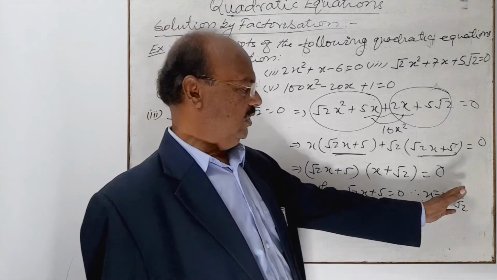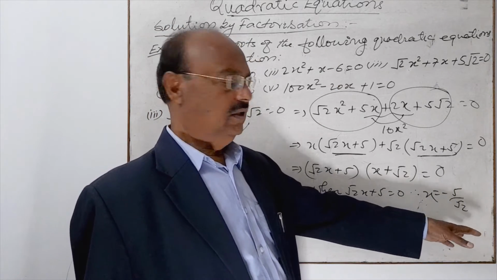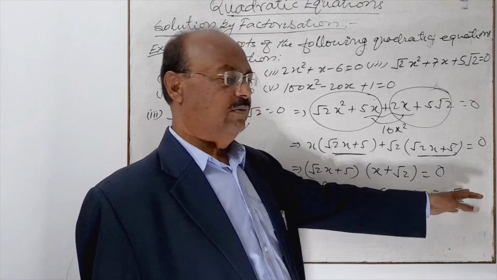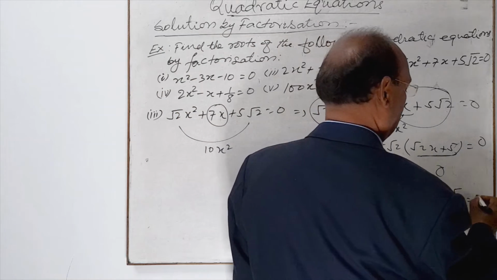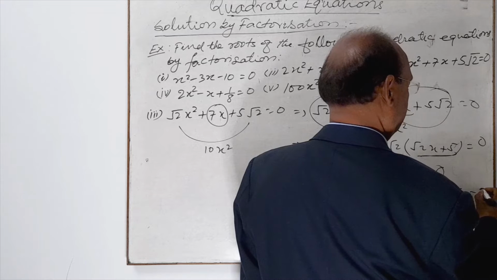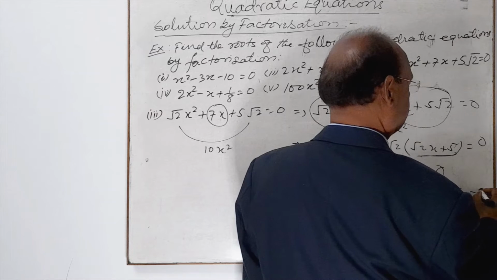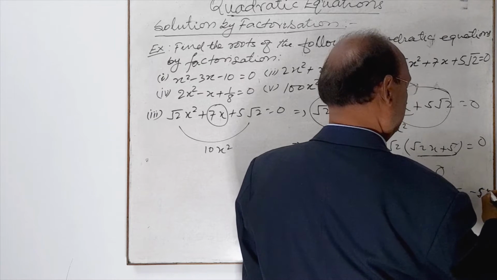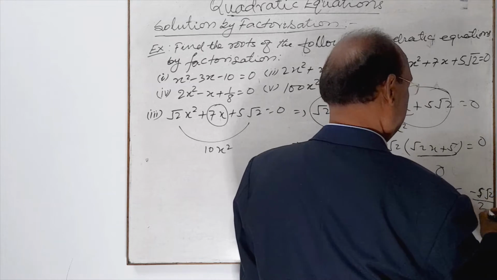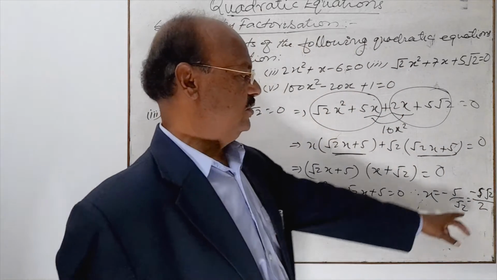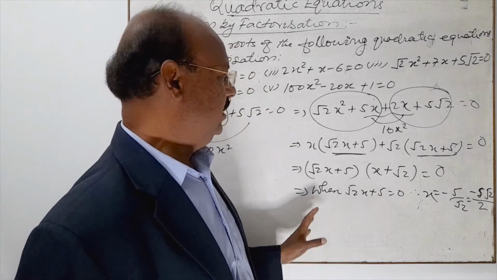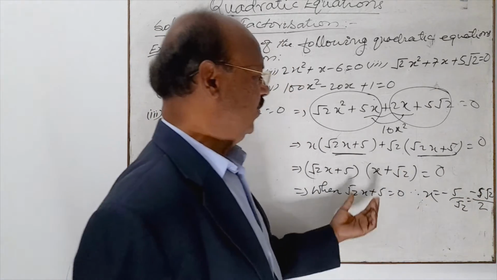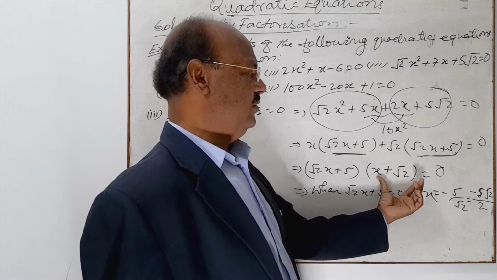Or if you want to rationalize the denominator, you have to multiply numerator and denominator by root 2. So this is minus 5 root 2 upon 2. This is the first solution of this given quadratic equation. Similarly, you can get the second solution by equating the other part with 0.